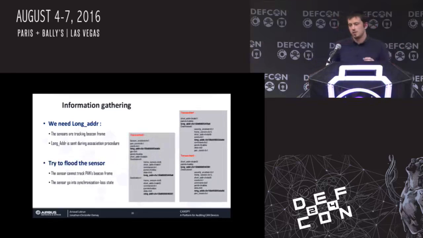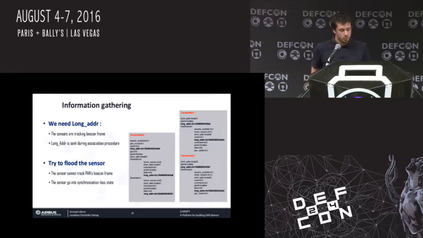We know that the extended, or long, address is transmitted when the sensor is associating with the PAN. So basically, we need to force a new association. This is something you can find in a lot of attacks on wireless networks. So how to do that?